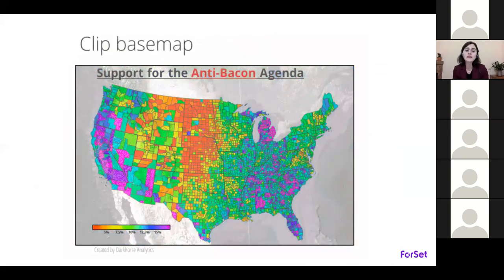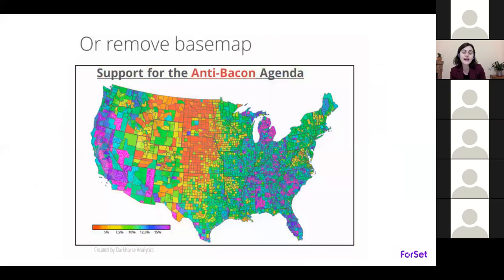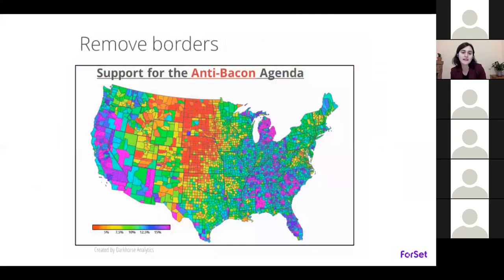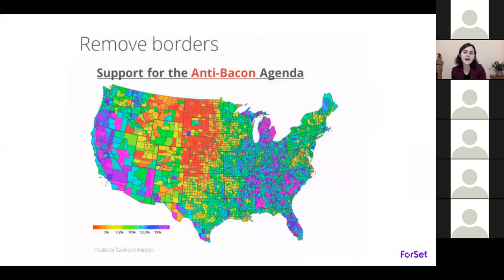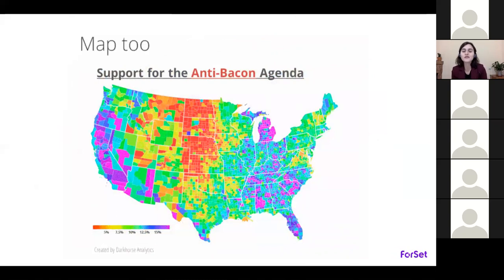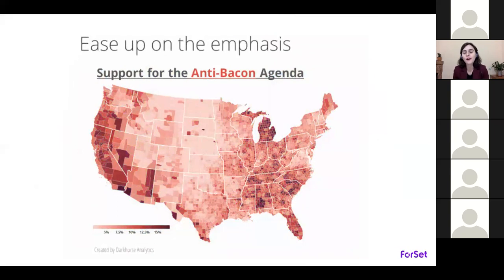Also, sometimes when we are visualizing mapping data, we are overusing the colors or borders or different data points.